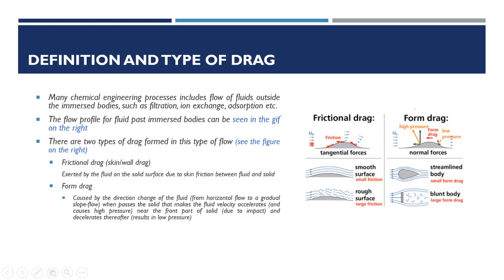As you can see here, the fluid is flowing from the left to the right. However, when it meets the solid surface, there will be friction between the solid and the liquid. This friction is called frictional drag.